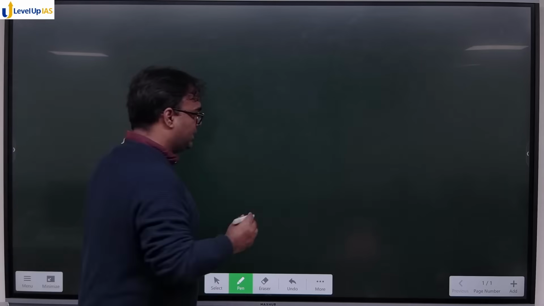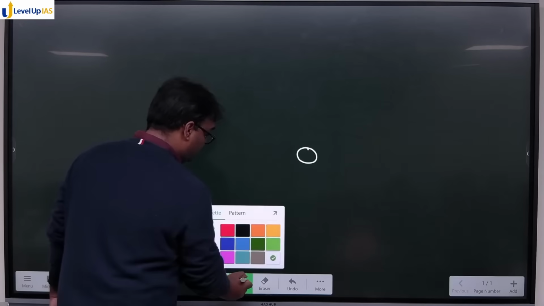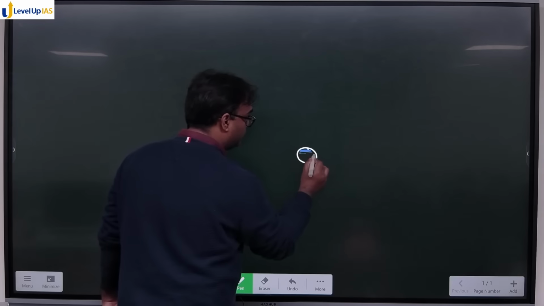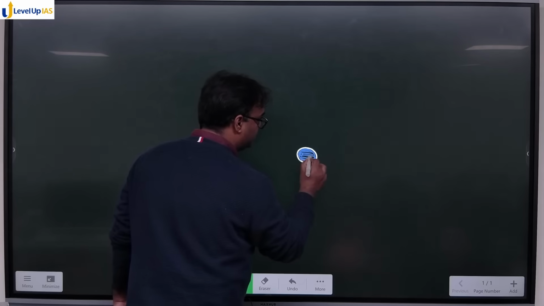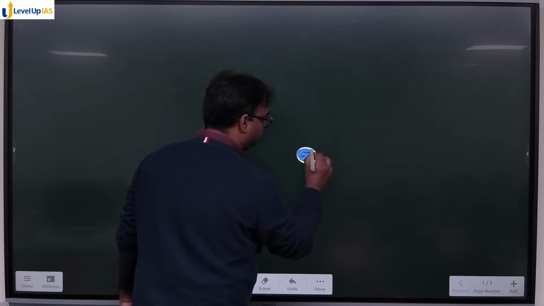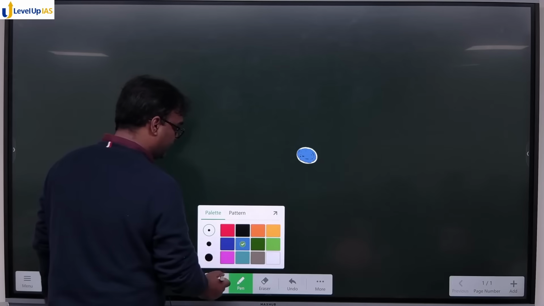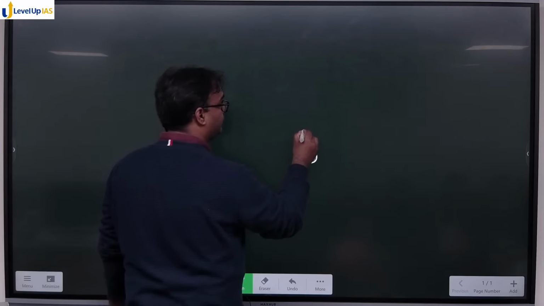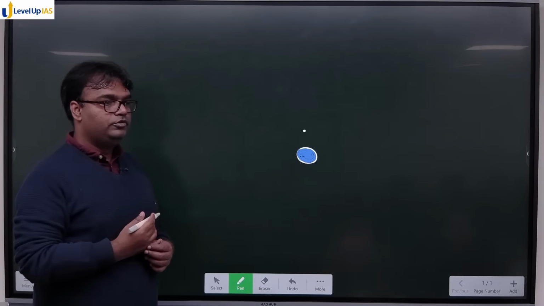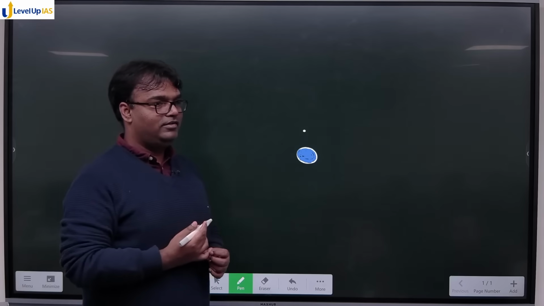Okay, let's understand. Now I am making a small Earth. This is my Earth, let me color it with blue. Now see, when I launch a satellite around it, at a radius r with the initial velocity under root gm by r, what happens?